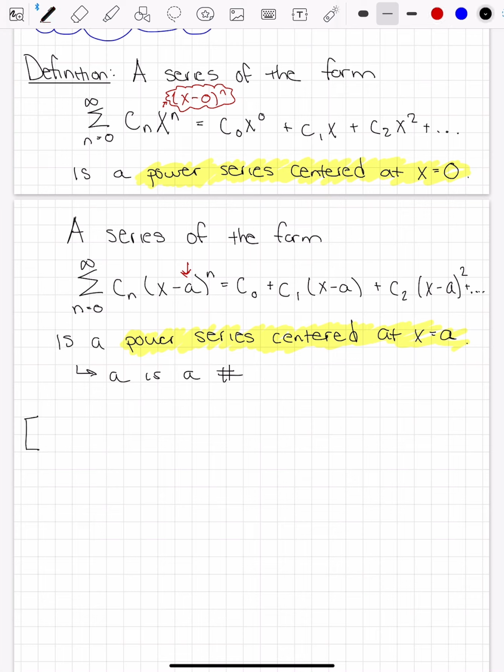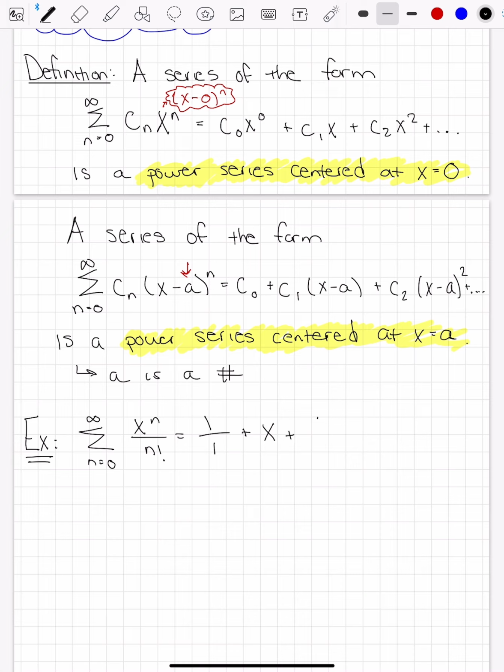So let's look at this notation and some examples. Let's look at the series from 0 to infinity of x to the n over n factorial. The first term is x to the 0, which is 1, over 0 factorial, which is also 1. The second term is x to the 1 over 1 factorial, which is just x.